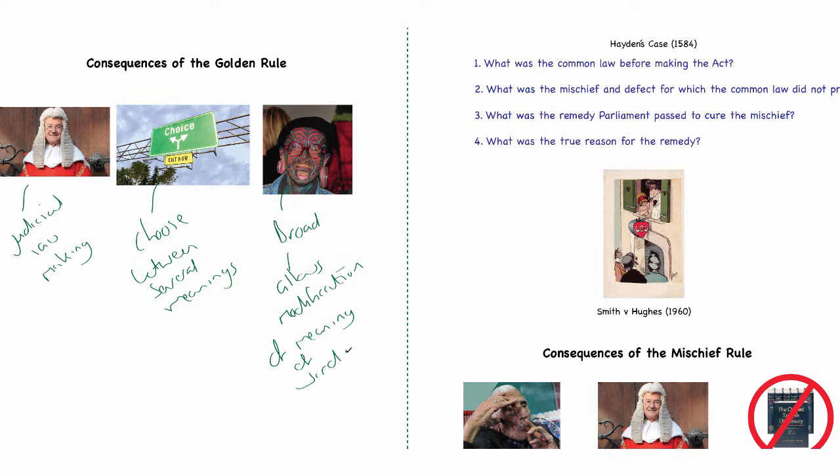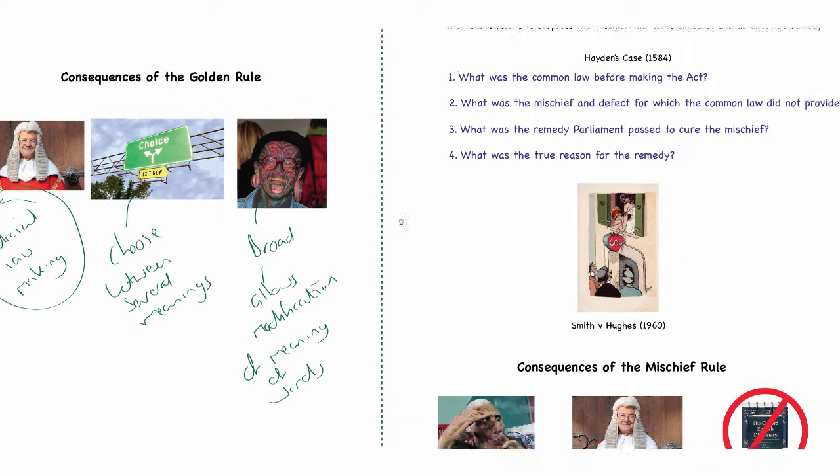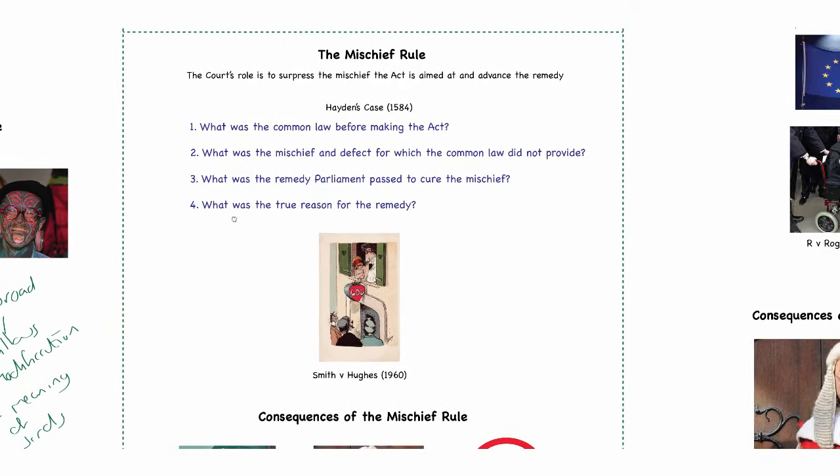And you can see this fine gentleman here with some body modification going on, very bizarre. So those are the consequences of the golden rule. The most important, I think, for me, is that it allows judicial lawmaking. They can choose between several meanings, and the broad approach at least allows the modification of the meaning of words. Let's take a look at the mischief rule, the third of our rules.